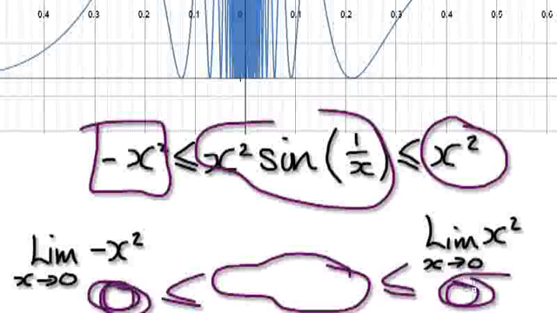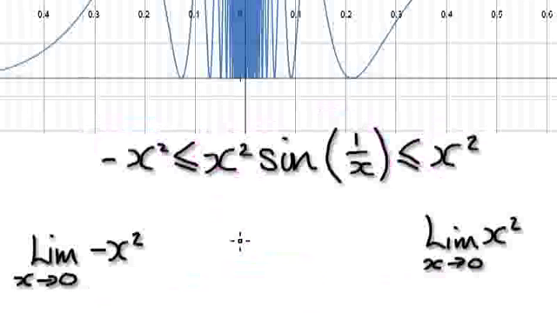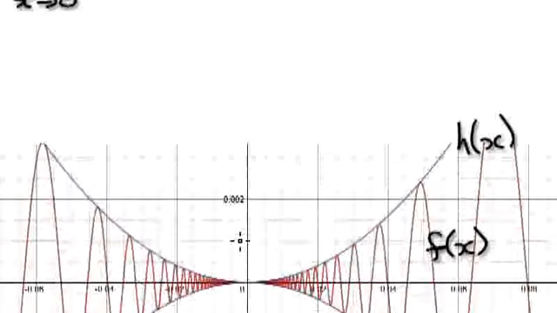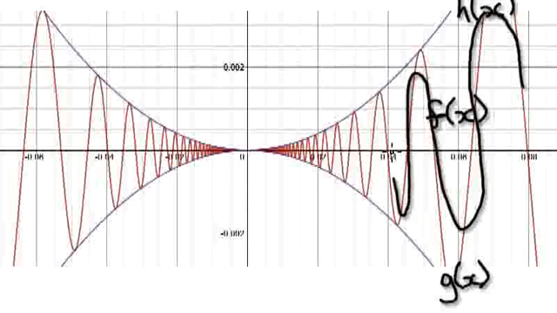Well, if it's in between 0 and 0, then the limit of this whole thing here must be 0. Okay, so if you look at the graph here, this is our function f of x. The red line here is our function f of x. It's being squeezed in here.